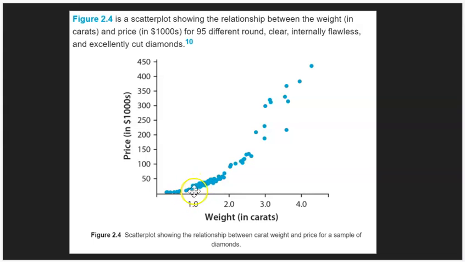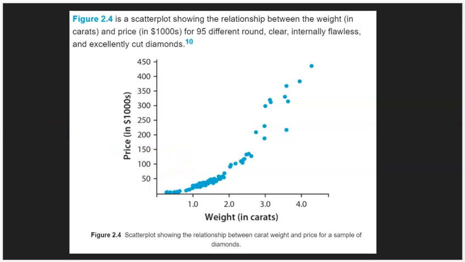Diamonds down here that weigh in the 1 to 2 range are probably going to sell for about the same amount, depending on who you ask, but obviously the ones that are heavier sell for a little bit more, and so on. Once you get to the higher numbers, they're a little less frequent. They're rarer to find, and since they're rarer, they sell for a lot more money. That's how this graph was made. We don't know all 95 data points or the tables for it, but this is the plot that they gave us in the example.